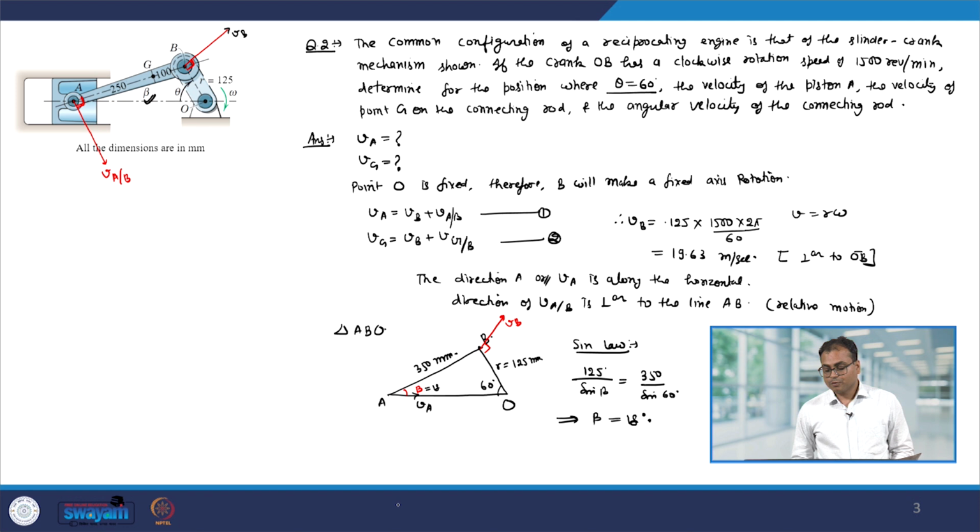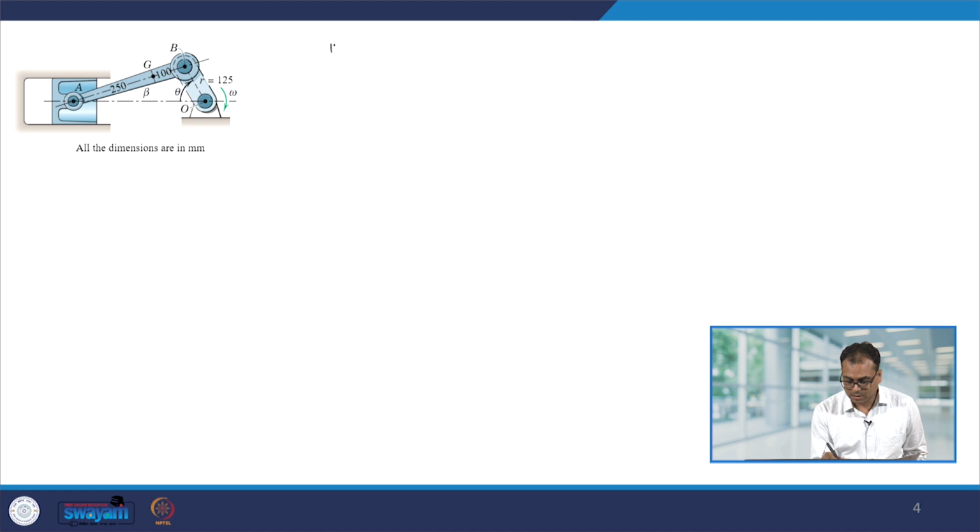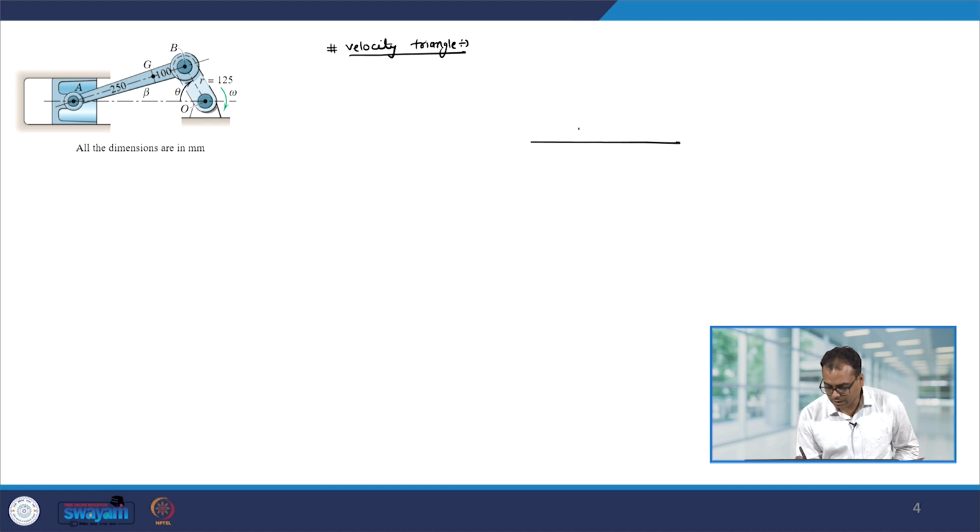Now, since the velocity VB is known and also we know the angle beta, let us look at the velocity triangle to find out what is VA and what is VAB. Okay. So, we are looking at the velocity triangle. Some of the geometry is involved. So, we have the velocity of point A in the horizontal direction.